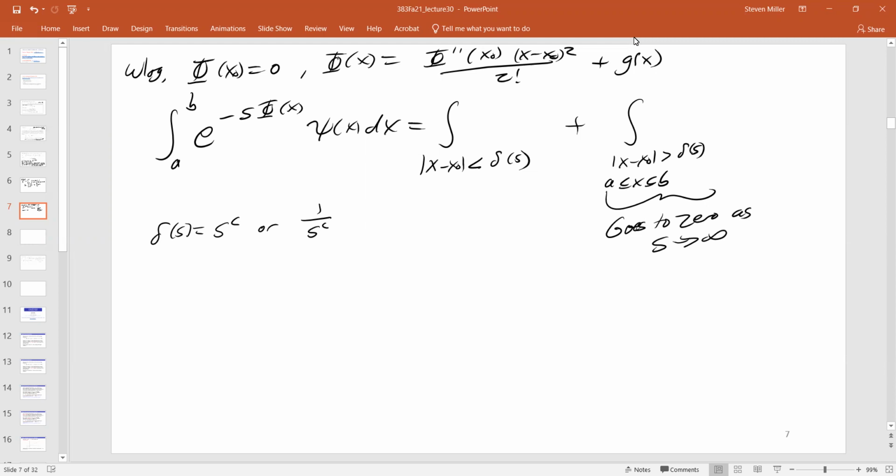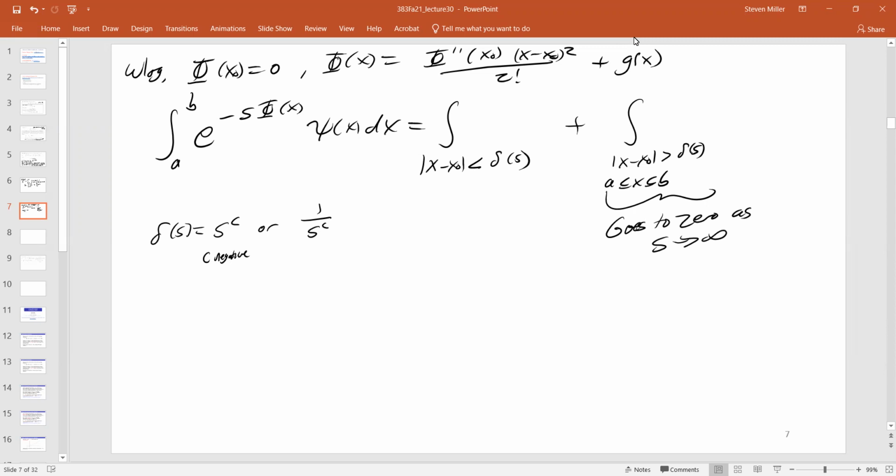If that's the case, then we're not going to be localizing at all near x naught. We're going to essentially cover the entire real line. Well, if it's fractional, like 1/1000, it's still going to be going to infinity. It would have to be negative. So if you write it as s to the c, here, c is negative.